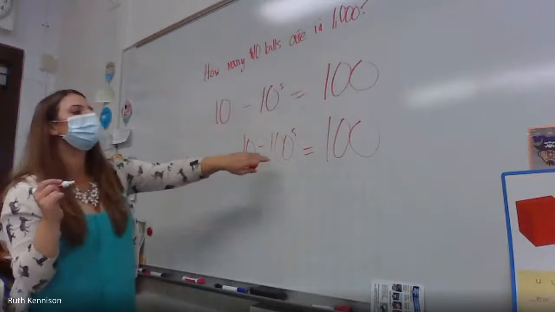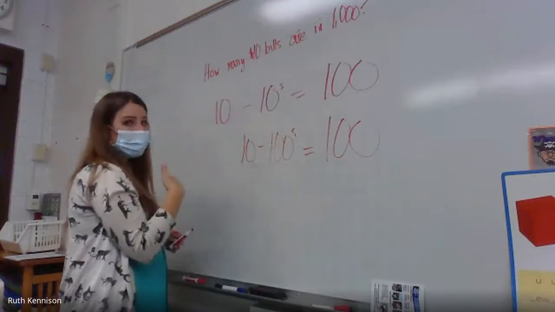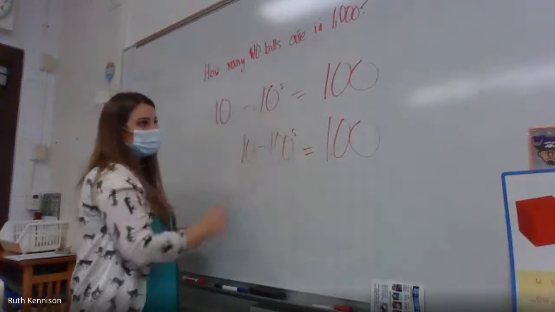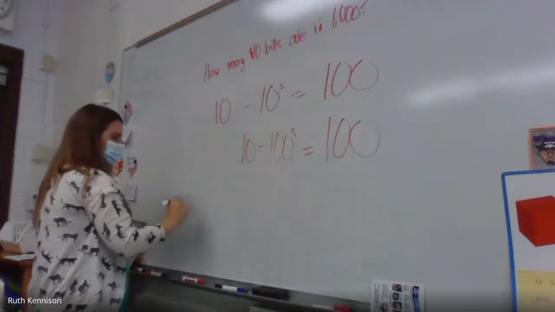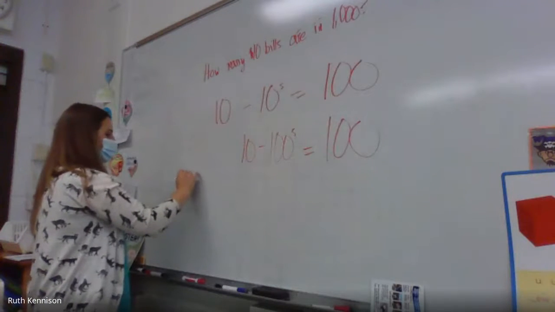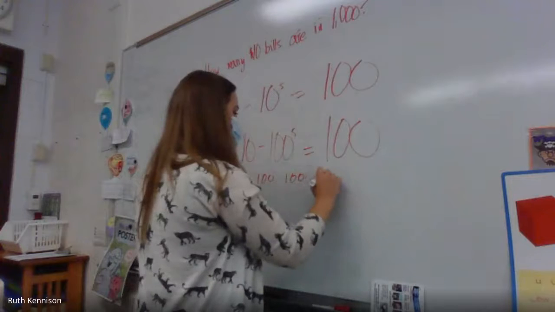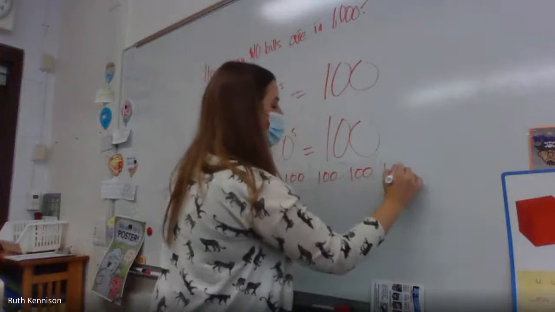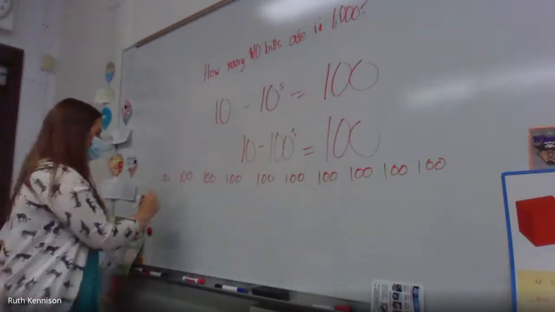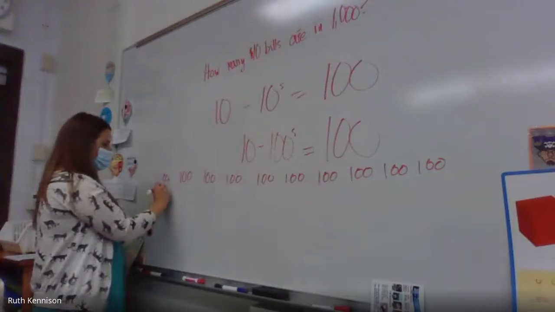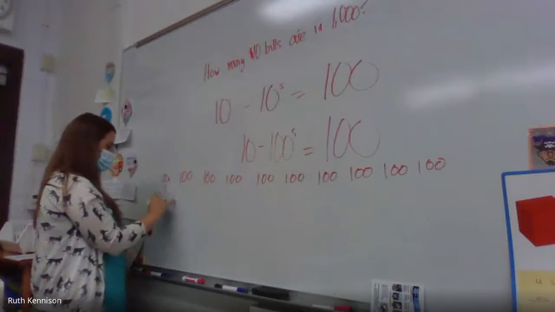Okay? So if you had 10 hundreds in 1,000, and you know each one of those hundreds is worth 10 tens, okay? So 10 hundreds in 1,000, let's see. 100, 200, 300, 400, 500, 600, 700, 800, 900, 1,000. And each one of those is worth 10 tens, right?